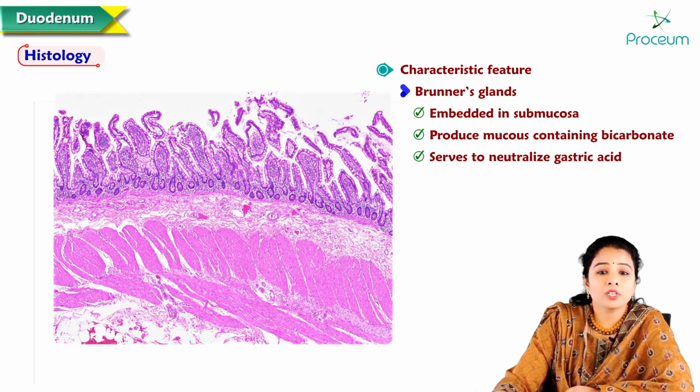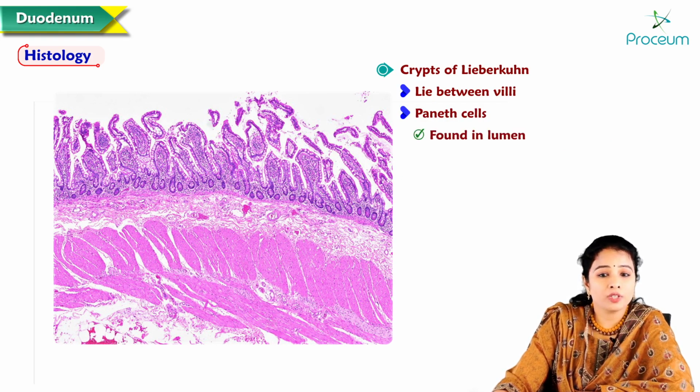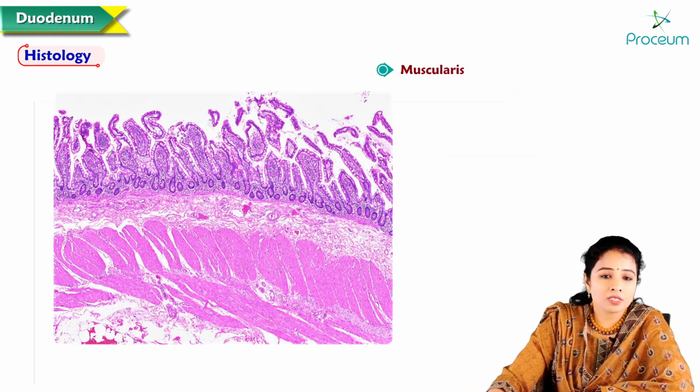And furthermore, the crypts of Lieberkühn lie between the villi, and Paneth cells are found in the lumen of these crypts, and it is believed that the Paneth cells play a role in antimicrobial defense. However, their functions are not fully understood yet. The outermost layer is the muscular layer.